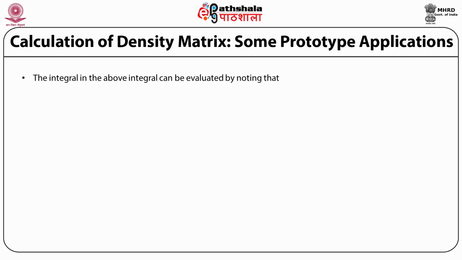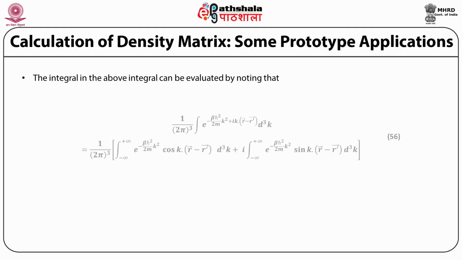The integral can be evaluated by noting that 1 upon 2 pi whole cube integral of e raised to power minus beta h bar square by 2m k square plus iota k dot r minus r dash, d cube k, is equal to 1 upon 2 pi whole cube integral from minus infinity to plus infinity of e raised to power minus beta h bar square by 2m k square cos of k dot r minus r dash integrated over the whole k space, plus iota integral from minus infinity to plus infinity of e raised to power minus beta h bar square by 2m k square sine of k dot r minus r dash integrated over the whole k space.